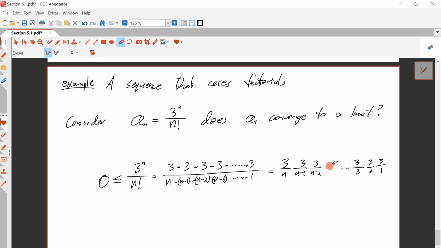And let's add in one more factor, 3 over 4. So 3 over n minus 1, 3 over n minus 2, 3 over 4, 3 over 3, 3 over 2, 3 over 1. Now, these factors are all bigger than or equal to 1.